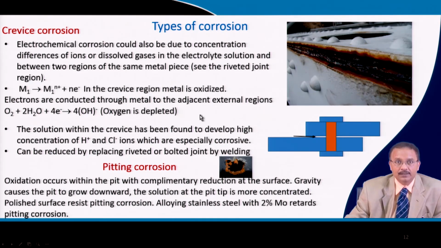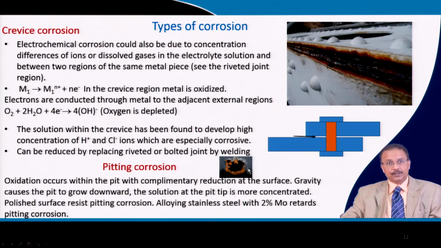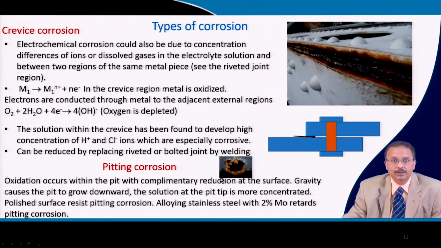Electrons are conducted through the metal to the adjacent external region, and there the oxygen is reduced, and eventually the oxygen is depleted. So, the solution within the crevice develops a high concentration of H plus and chloride ion, which are especially very corrosive. This can be reduced by replacing the riveted or bolted joint with welding to get rid of this kind of corrosion.